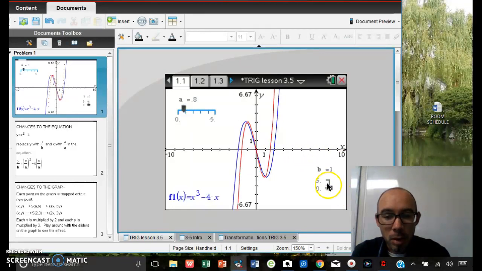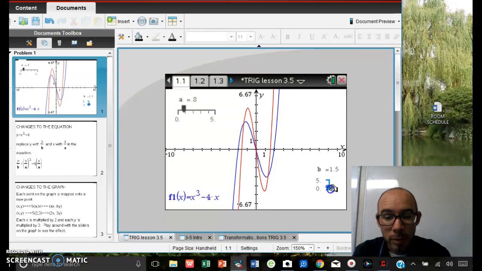Okay, I'll put it back close to 1, and I'll go over here and change the b value. That's the number that we replaced y with y over b. So this would be y over 1, y over 2.5, y over 3, and you can see the numbers get really big really fast. And then I can shrink it back down and make it y over 0.5.